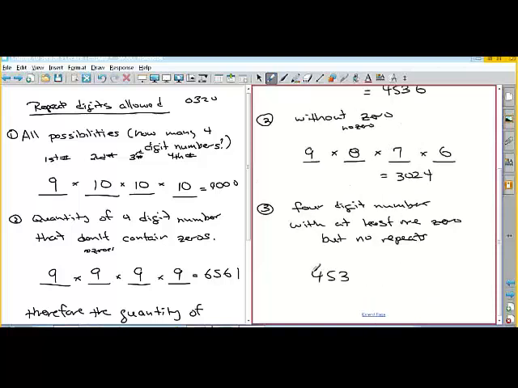So since I did these counting with the restriction of no repeats, then I can just take the difference between these two, which would be 1,400 and no, 500, I guess. So if I did this right, 1,512. Is that right? Okay. So 1,512.